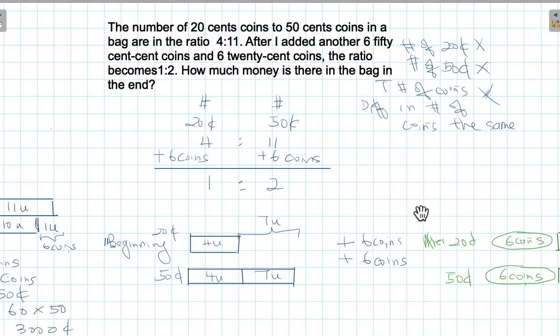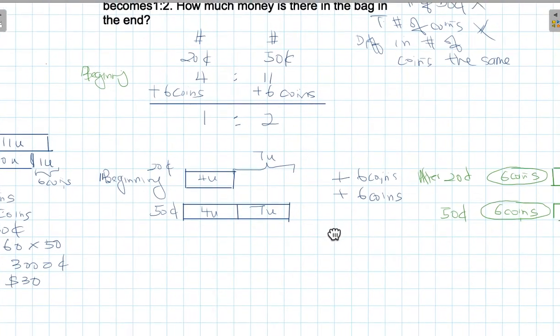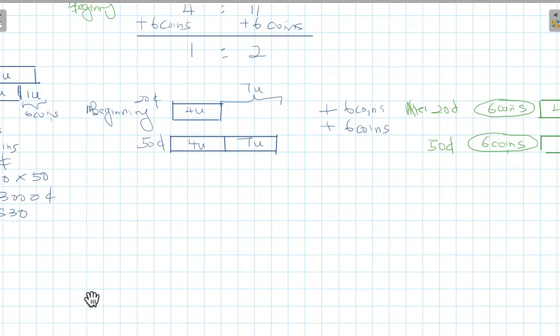So if I know that my difference is the same, and then beginning, my difference is actually 7 units, correct? And then it says that here, and the end, here's the end, right?